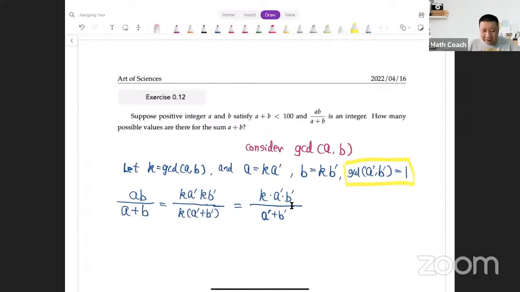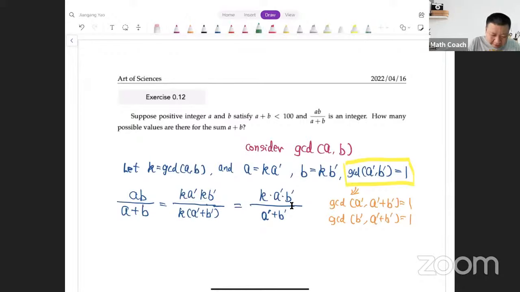Then that implies the GCD of a' and a' plus b' is 1. That implies the GCD of b' and a' plus b' is also 1. So they cannot have any common factors.